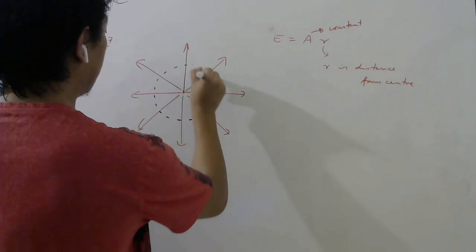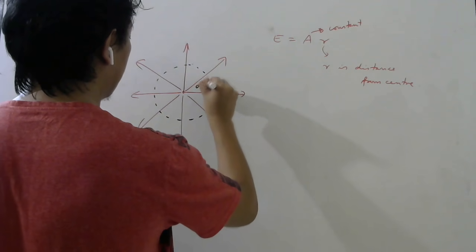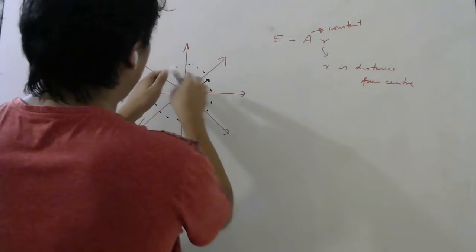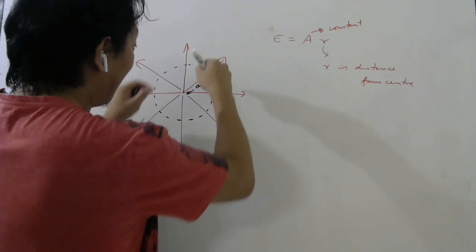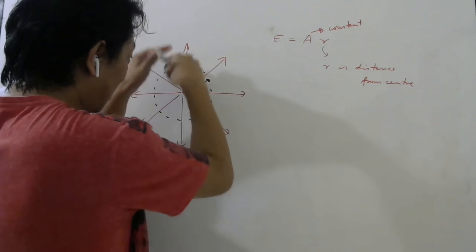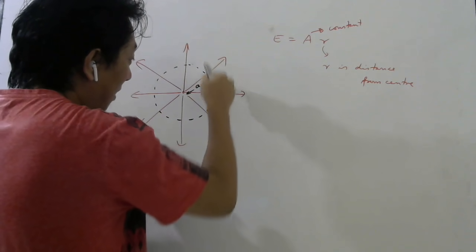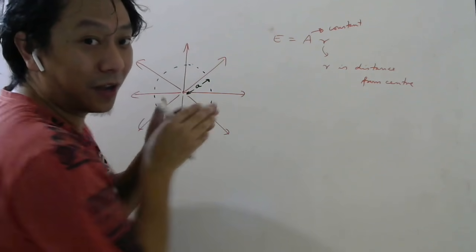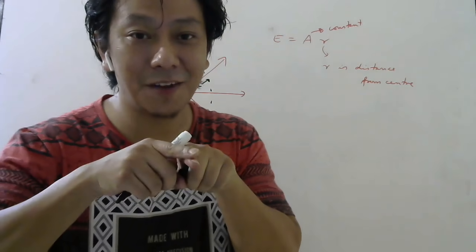So you can see this is a sphere of radius a. So this is your a. Now you can see electric field is radially outwards. Area vector of this surface, this is a sphere, no? So area vector for this part, this part, this part will be also outwards. So angle between electric field and area vector will be 0.